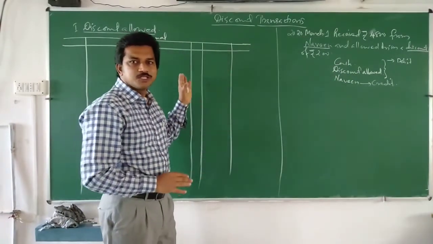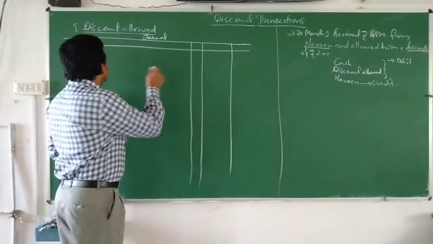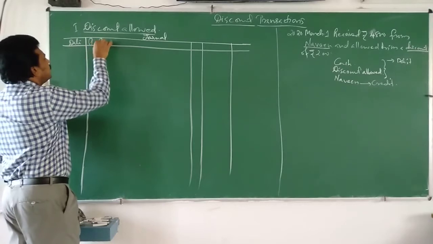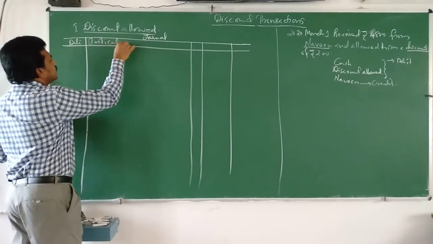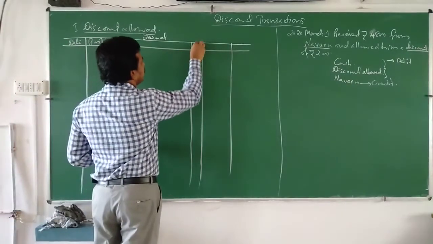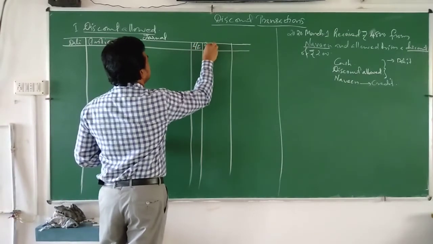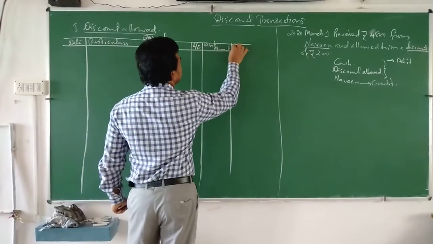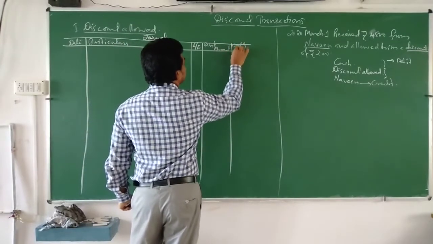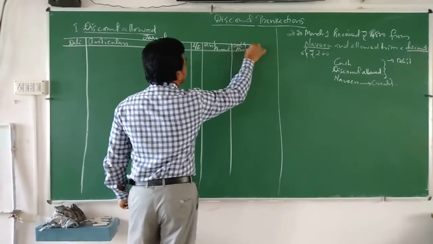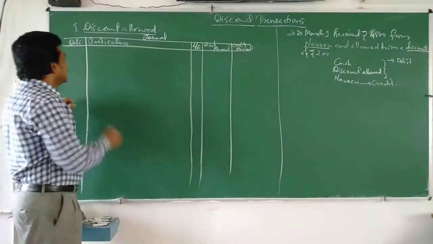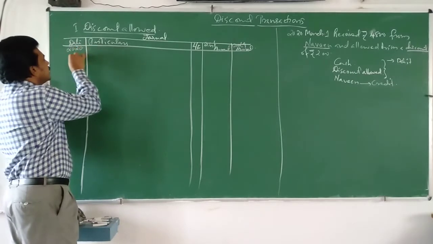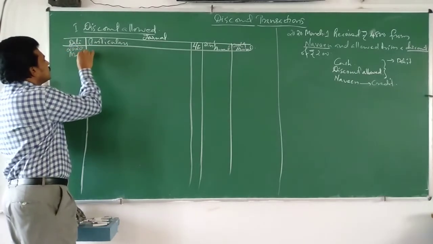So now we can write the journal entry. So here date, particulars, LF, debit amount, credit amount. 2020 March 1.